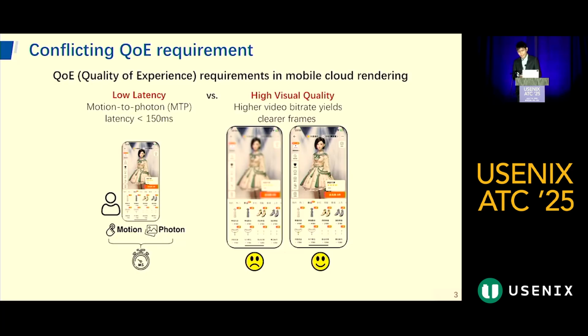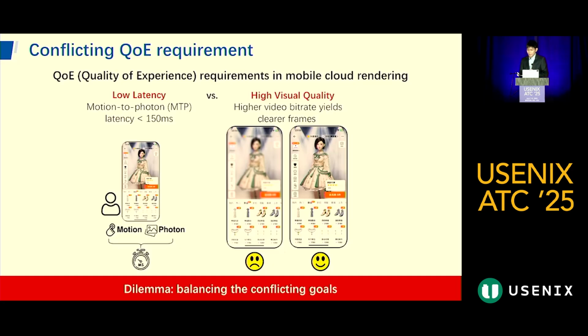On the other hand, we need high visual quality for an immersive and realistic experience, which generally requires a higher video bitrate. So the dilemma is that increasing the bitrate to improve quality may inflate network queues and cause congestion, which in turn increases latency.